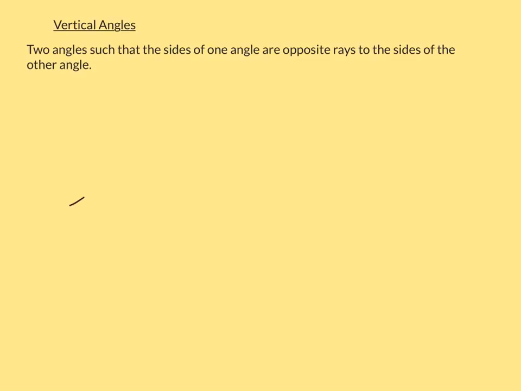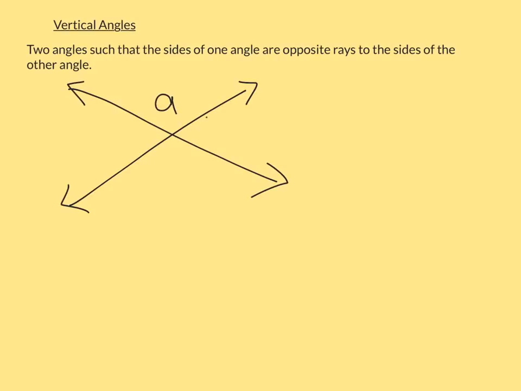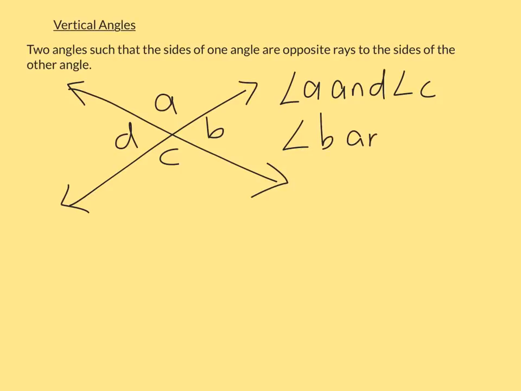So if you draw two rays here, and let's call the angles A, B, C, and D, we will say that angle A and angle C, and angle B and angle D, they are vertical angles.